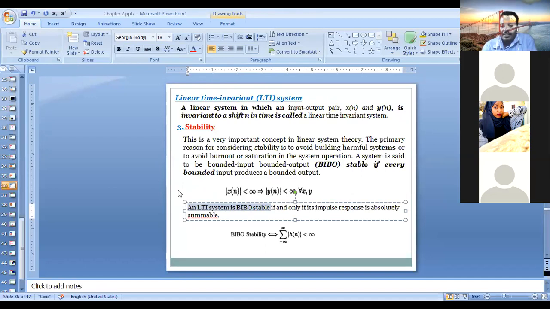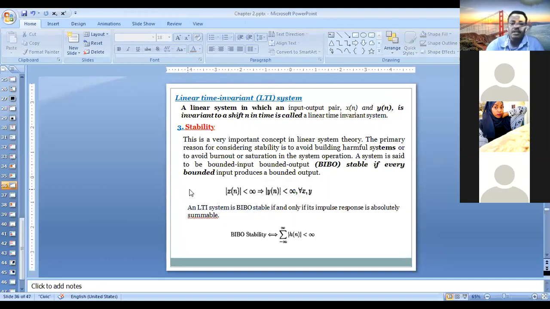Okay, so how many properties have we discussed now? Linearity, time invariance, and stability. If you combine the first two, we call the system an LTI system. Now LTI systems can be stable, and LTI systems can be unstable. Now here comes another combination: an LTI system which is BIBO stable. It's a very important system. Most engineering systems in electrical or telecommunication systems satisfy these three conditions together.